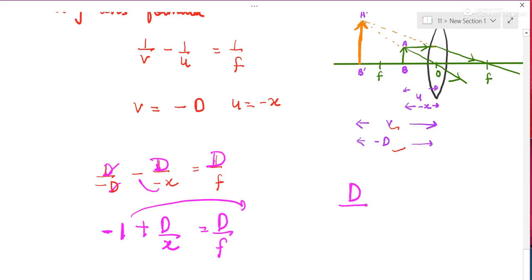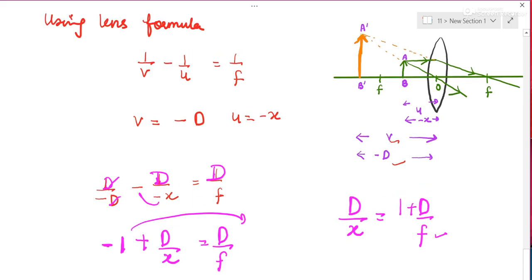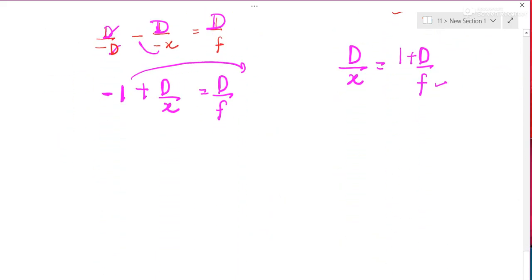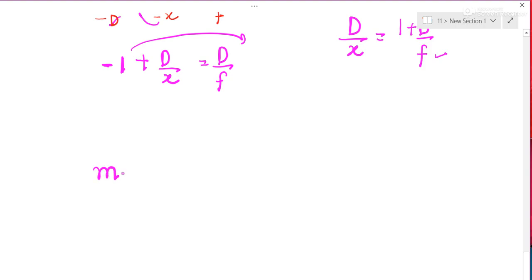So we are ready with the value of D by X. So it is 1 plus D by F. And this we are going to substitute here, the value of D by X. So it comes as, negative sign does not matter, 1 plus D by F. So magnifying power in the first case is this.